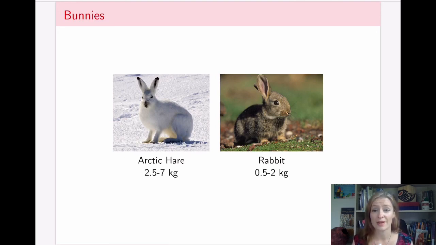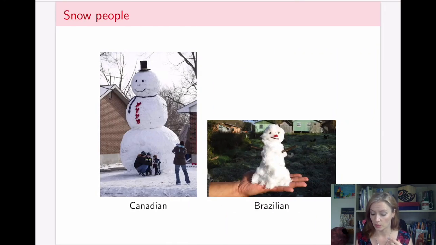I can see some outside of my window at my UVic office right now actually running around. Whereas an Arctic hare is just a much larger animal. And so again, this goes together with the colder the environment, the bigger the animal in it. And then of course there's snow people. Canadian snow people are much larger than a Brazilian snow person can ever be.